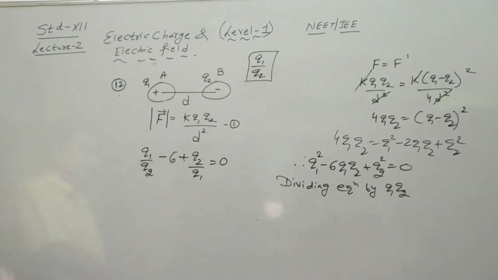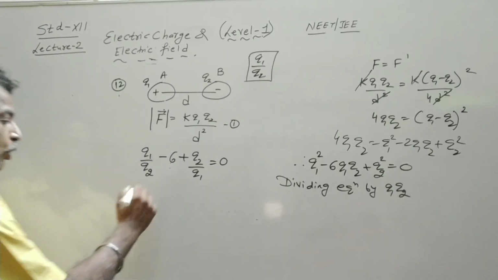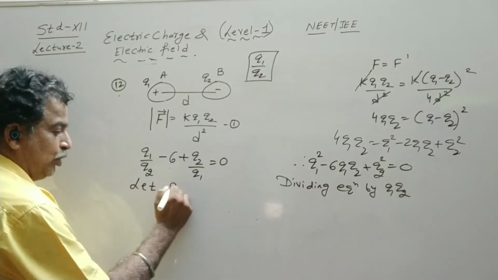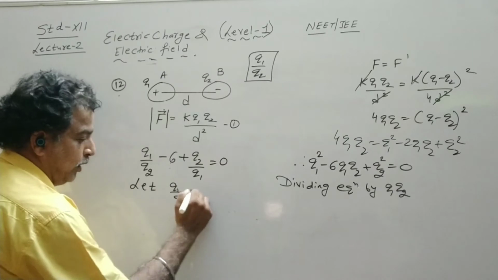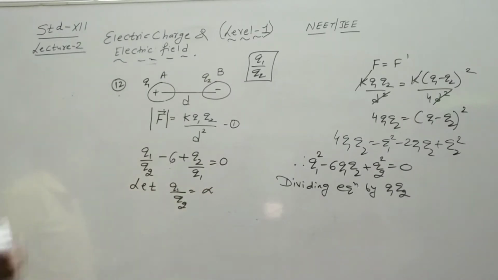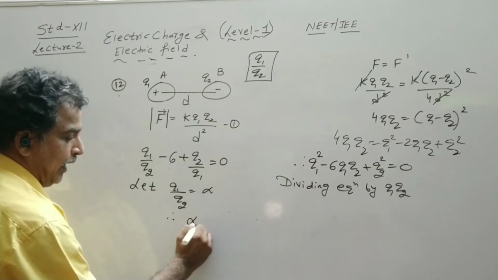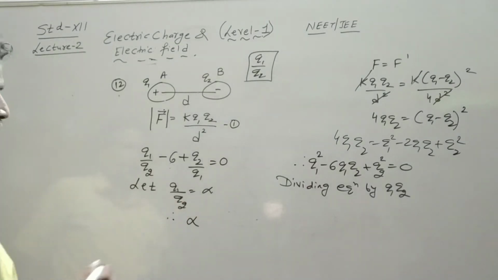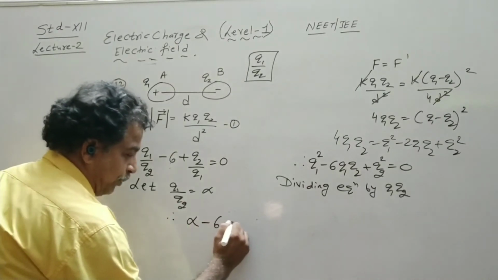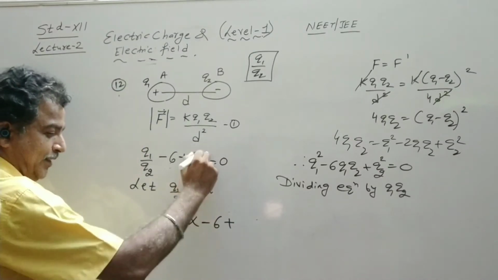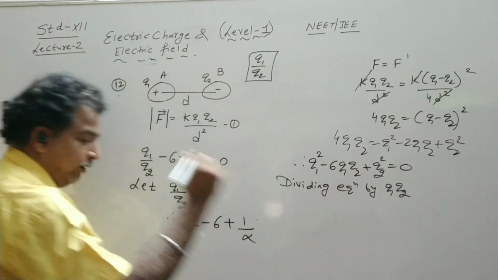One of them is this. Now let Q1 upon Q2 be equal to alpha, some constant. And therefore I can write alpha minus 6 plus the reciprocal, 1 upon alpha.